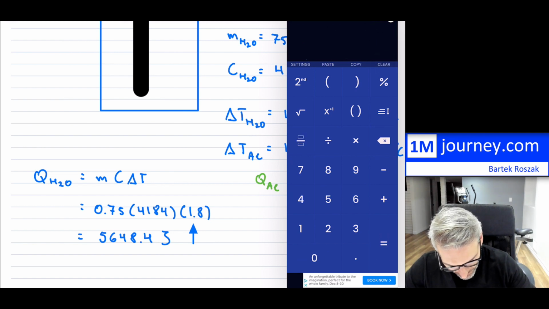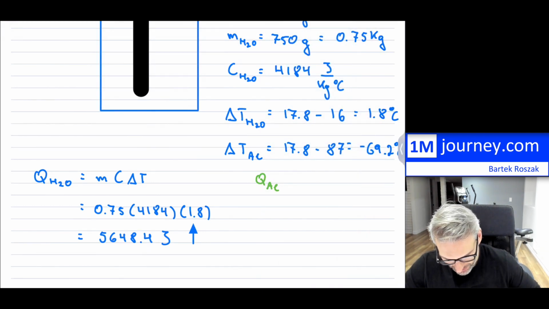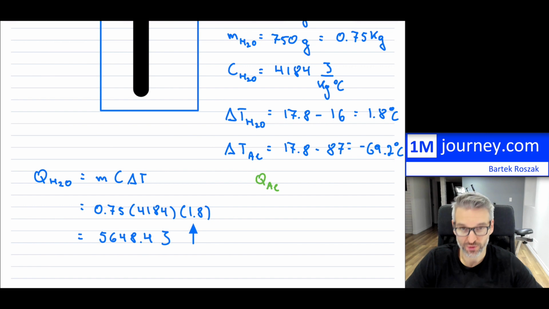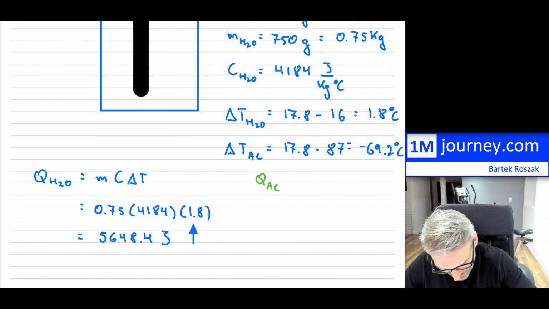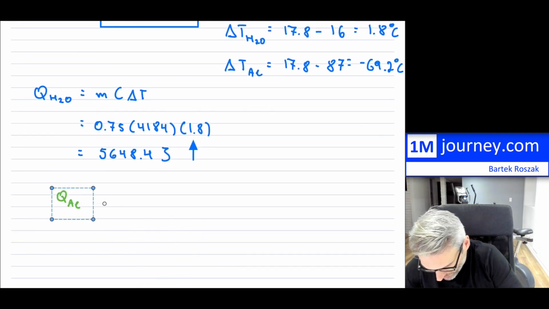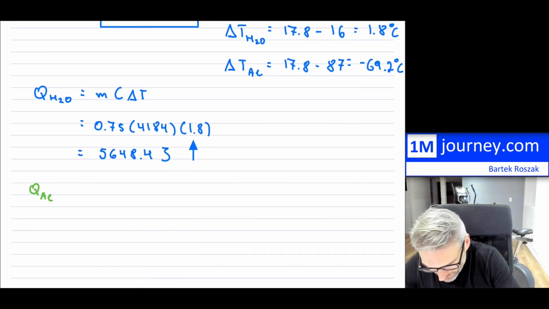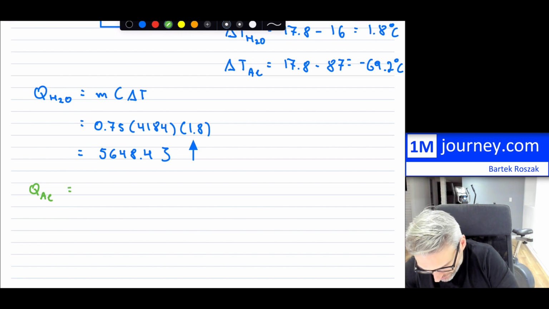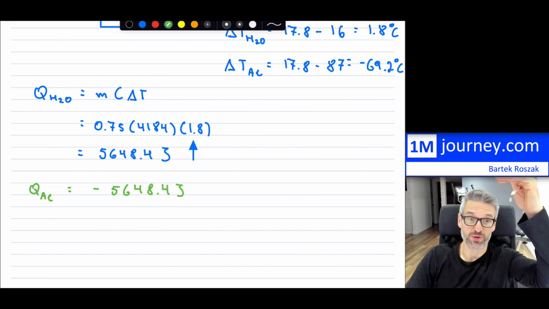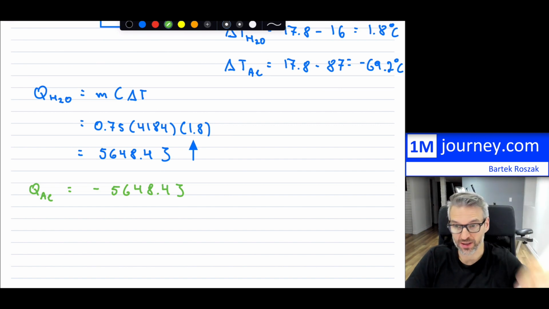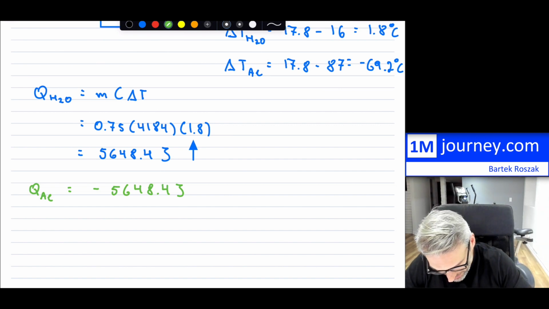Now the aluminum, on the other hand, is going to lose that energy. For aluminum, I'll put this right below it. It's going to be losing that much energy, so this is going to be negative 5648.4 joules, because it was at a higher temperature and now it's falling.